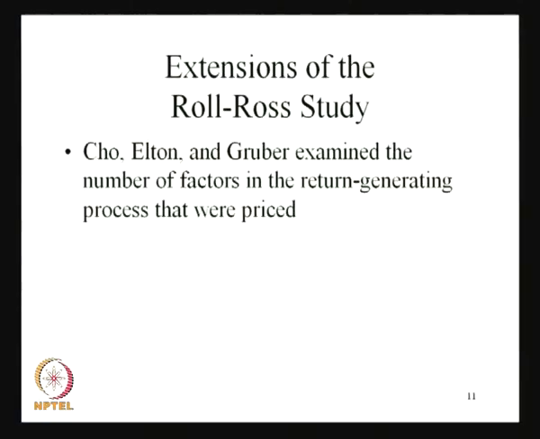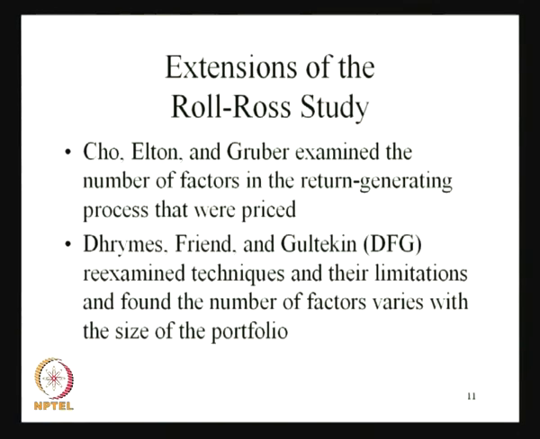Then to do this, some other people have extended this analysis. Out of them, the famous analysis has been made by Chen, Elton and Gruber, who examined the number of factors in the return generating process that were priced, and another is Dhrymes, Friend and Gultekin, who re-examined the techniques and their limitations and found the number of factors varies with the size of the portfolio.